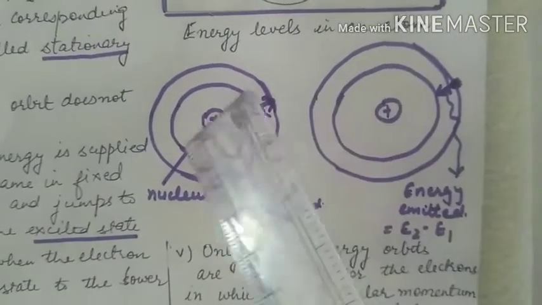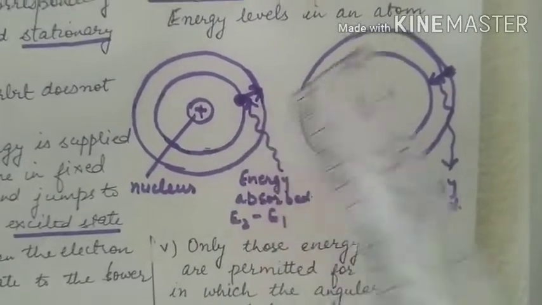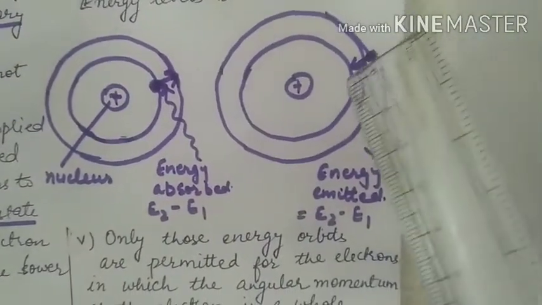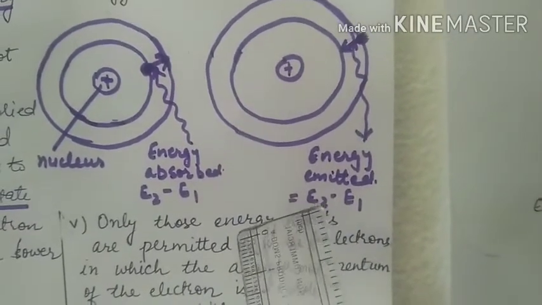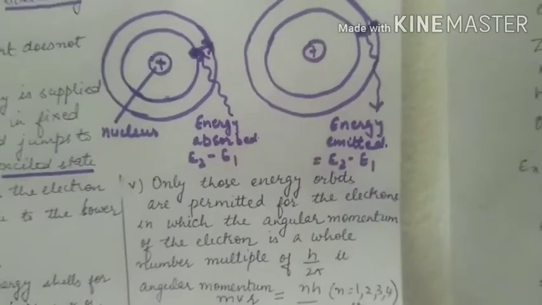Now, as the excited state is unstable, it falls back to its ground state, and when it does so, energy is emitted and the change in energy is the same, E2 minus E1.